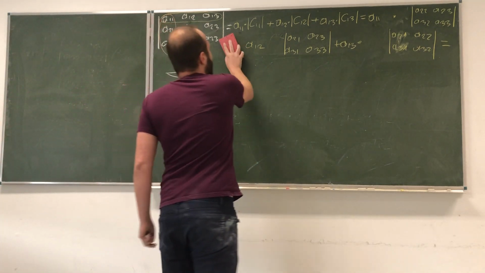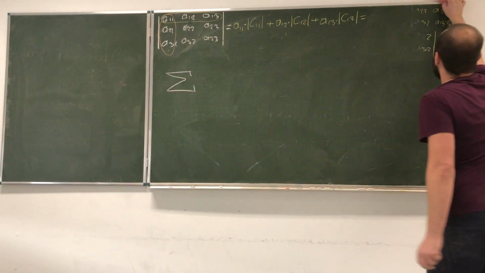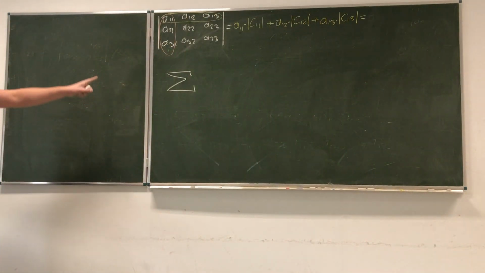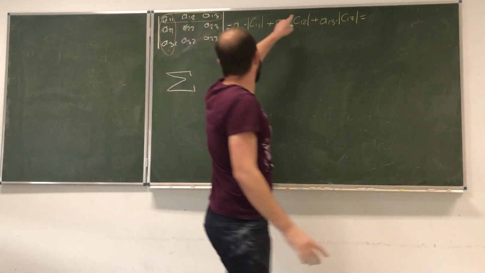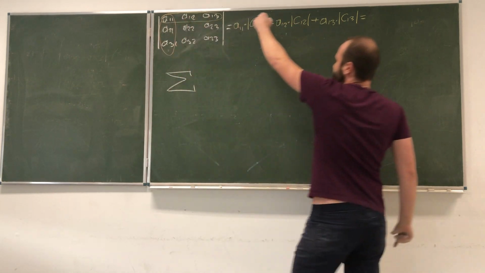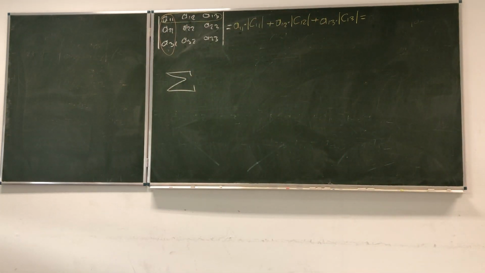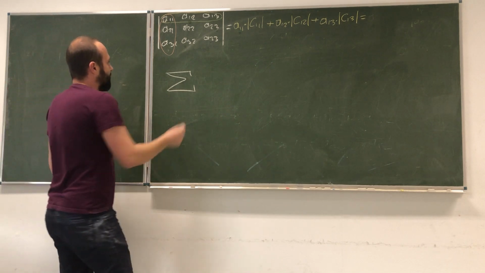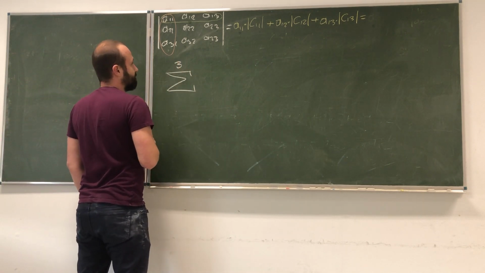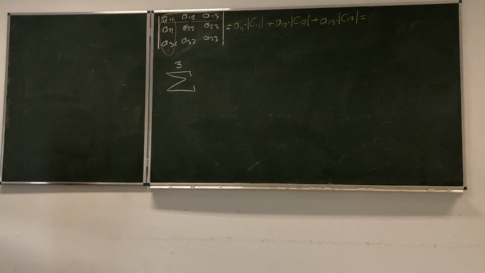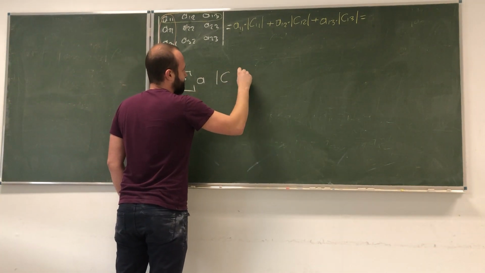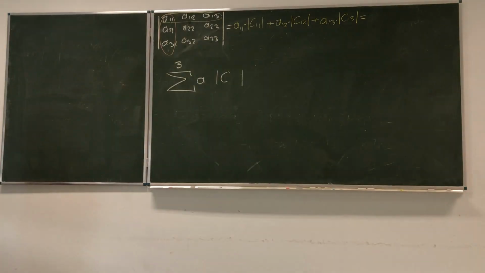Now, what I want to do over here is to write this entire row using some symbol. What will I definitely have in my sum symbol? At most, I can have 3 elements, right? Definitely. Now, I need to have a's and cofactors in my expression, right?